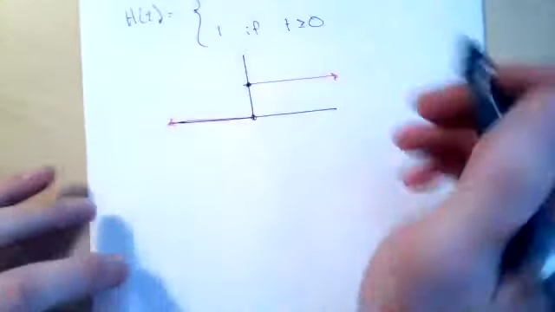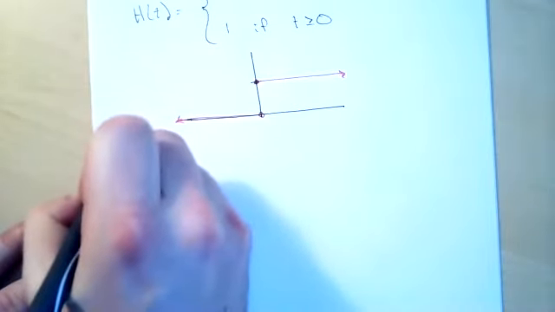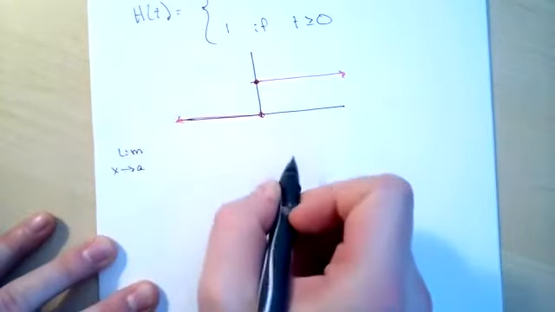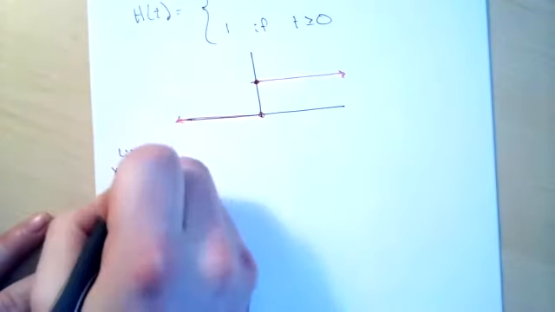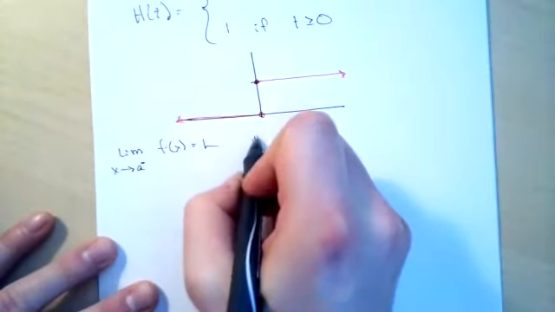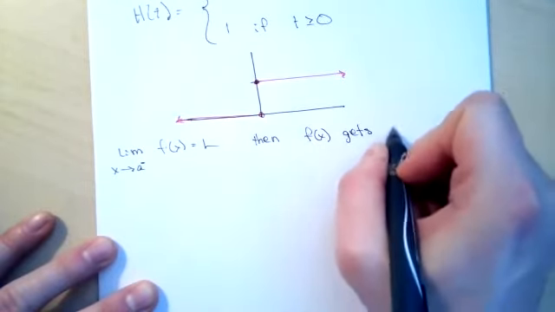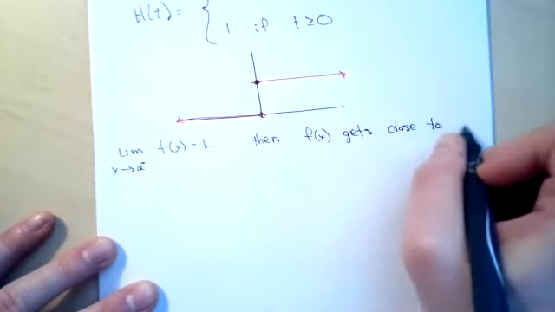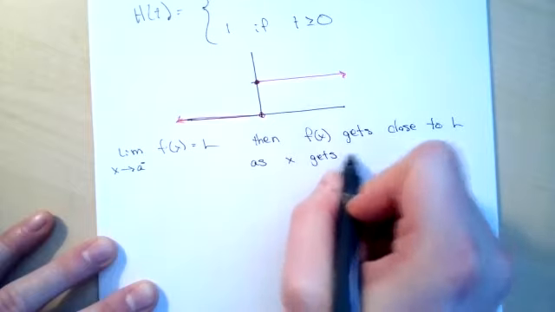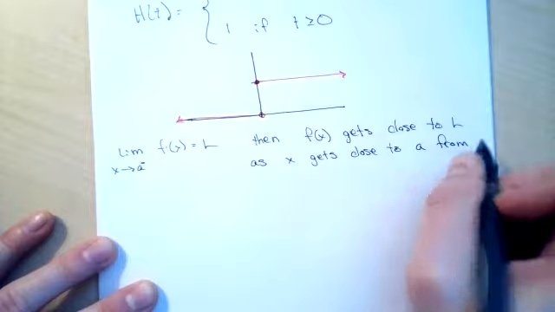So one-sided limits are defined similarly. So we say that the limit as x approaches a, now we use a superscript with a plus or minus. So if we say minus, f of x equals L, then our function value gets close to L as x gets close to a from below.